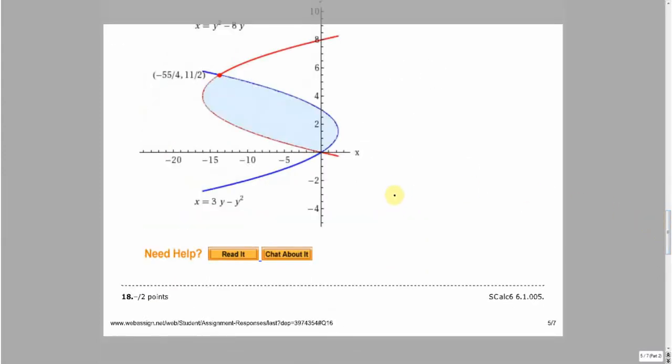Frequently they throw in these where it's more convenient to integrate with respect to y than it is to integrate with respect to x. So how can you tell when that's true? Notice that if I were going to integrate this with respect to x, it would be kind of hard, because I am going to have this function on the bottom, this function on the top.